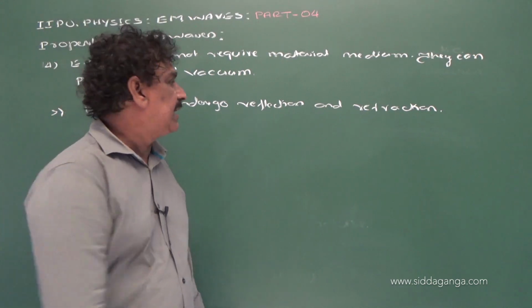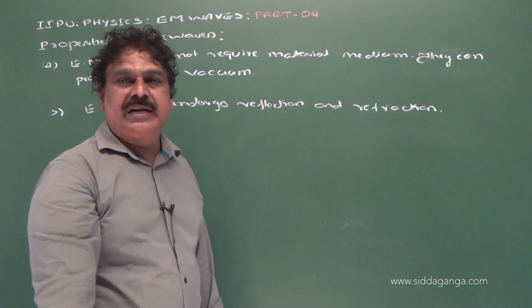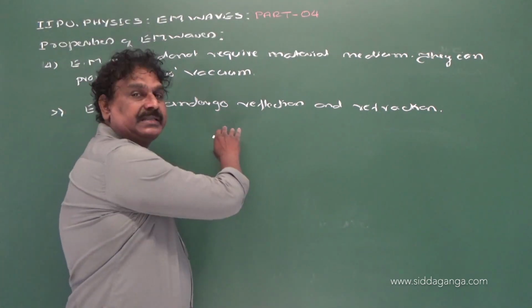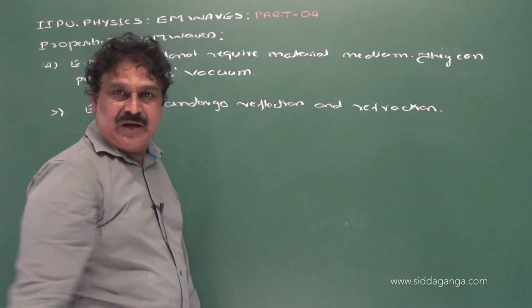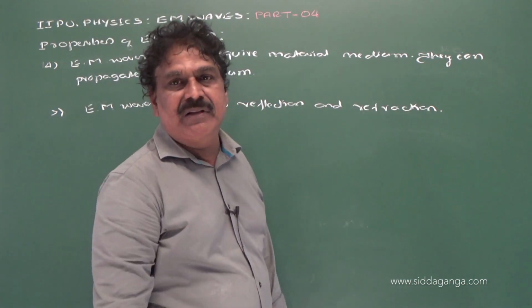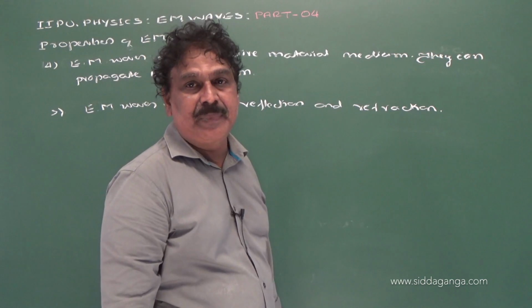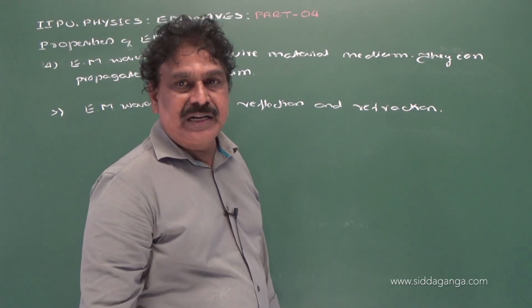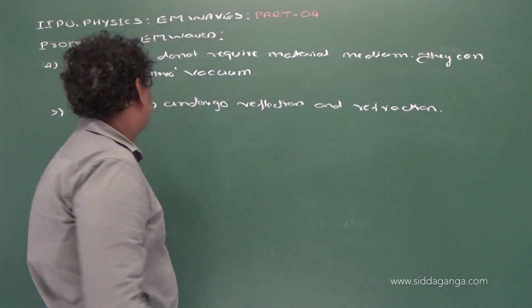That means electromagnetic waves incident on a surface bounce back. That means electromagnetic waves undergo reflection. Now, when an electromagnetic wave travels from one medium to another medium, its velocity changes. That means it undergoes refraction.